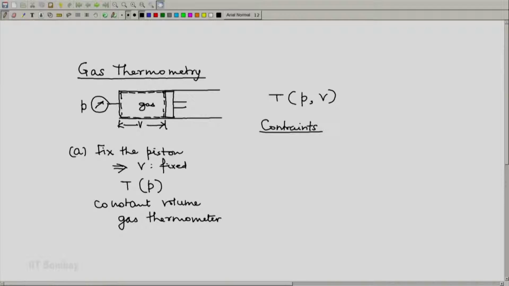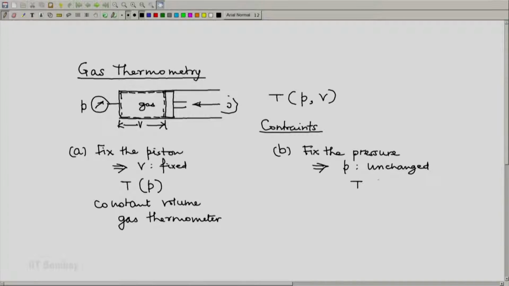The other possibility is to keep the piston exposed to a fixed external pressure. So P remains unchanged. If we have a frictionless piston, it is not difficult to maintain P unchanged.